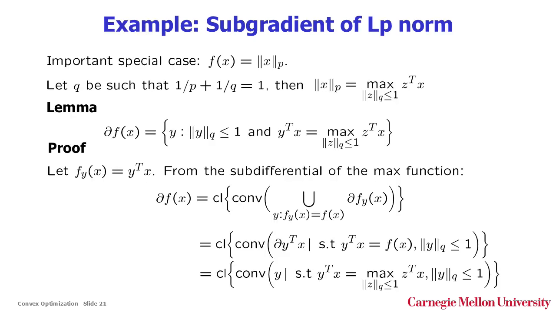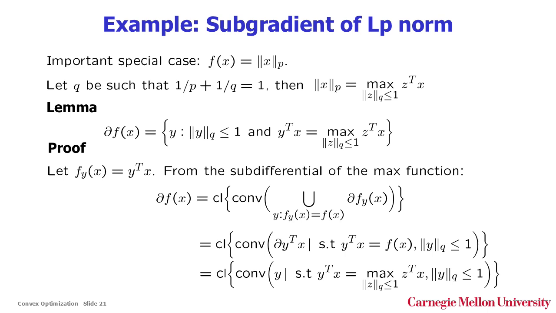Finally, we are ready to calculate the subdifferential of the Lp norm. Using only the definitions of the subgradient, the calculations are a bit complicated, so we will do a trick. Let p bigger than 1 be fixed, and let q be a real number such that 1 over p plus 1 over q equals 1.